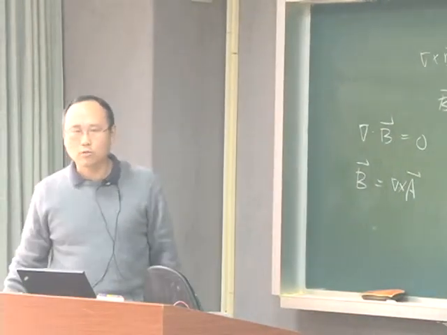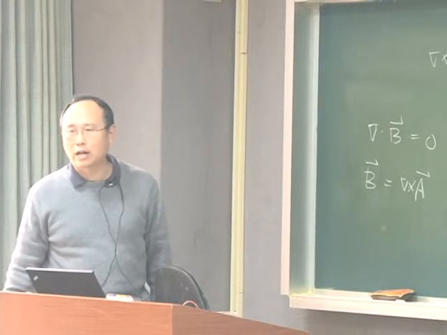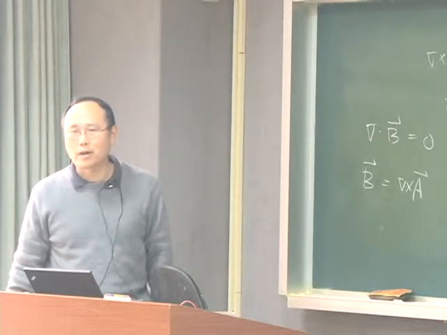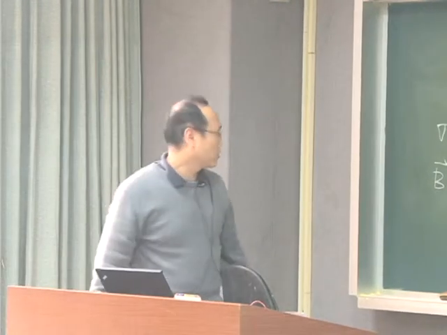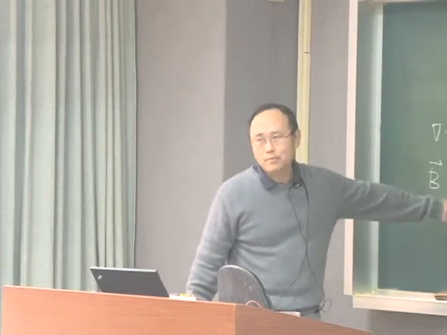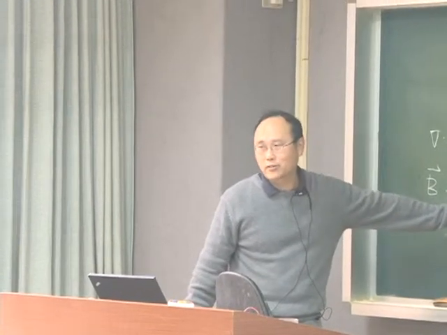Okay, this is one of the null identities I provided you when we talked about the vector calculus. Okay, so let's define B to be curl of some vector.